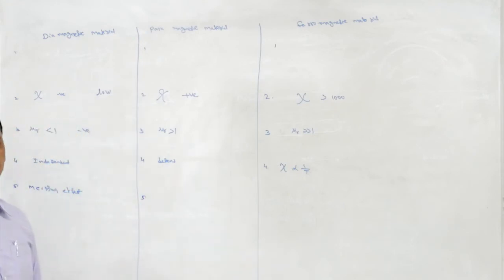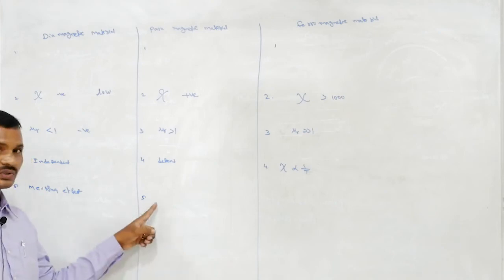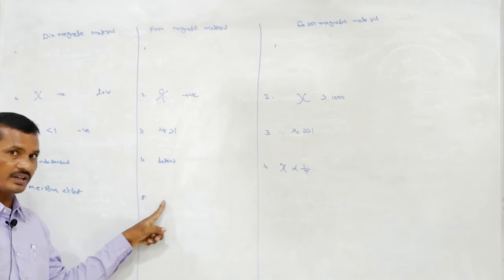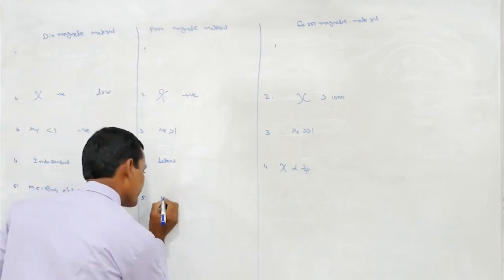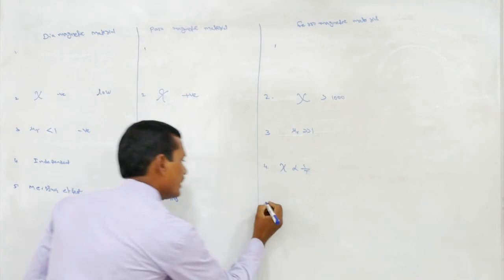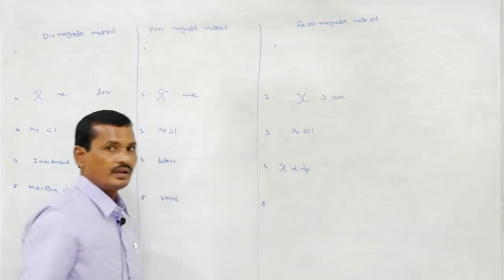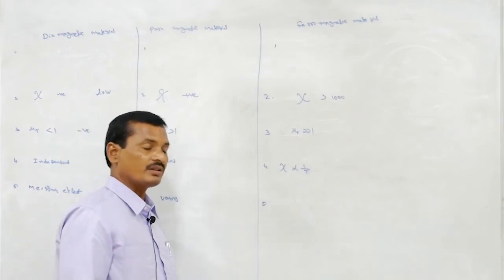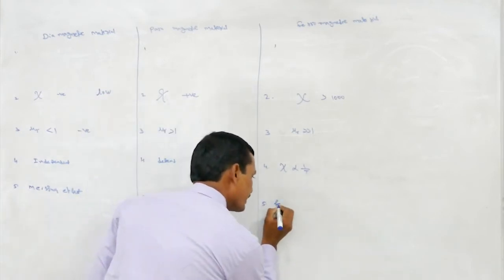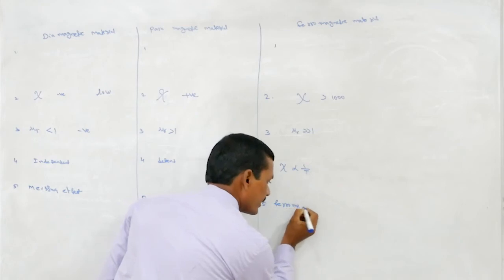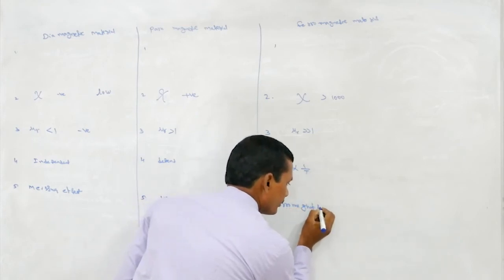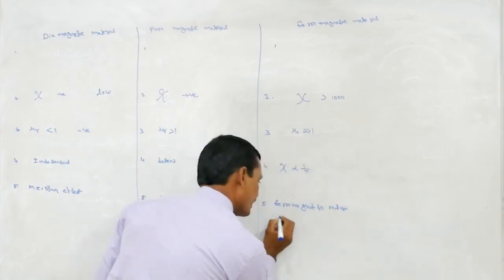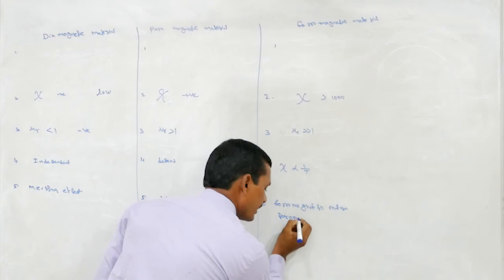For ferromagnetic materials, their properties also vary depending on temperature. At a particular temperature, on increasing the temperature, the ferromagnetic material will convert into a paramagnetic material.